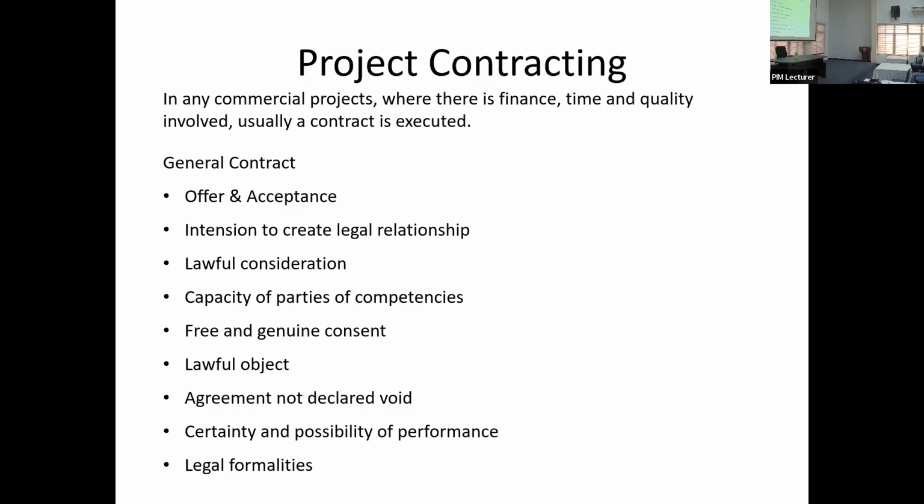Capacity of the parties, whether they are able to deliver. Free and genuine. What do I mean by free and genuine? When you're signing a contract, you can't put certain rules. So, for example, in Sri Lanka, let's say you are giving your house as a gift to your child. You are transferring the deed.